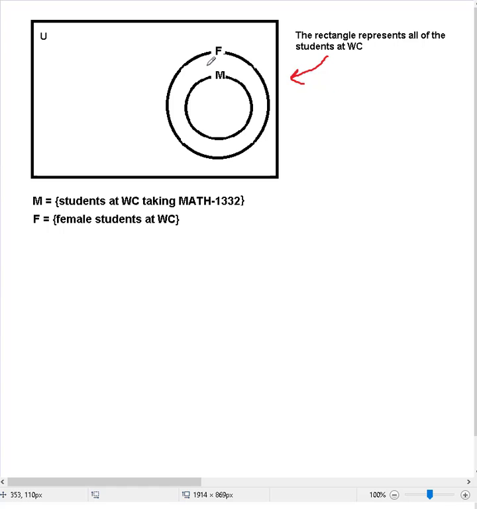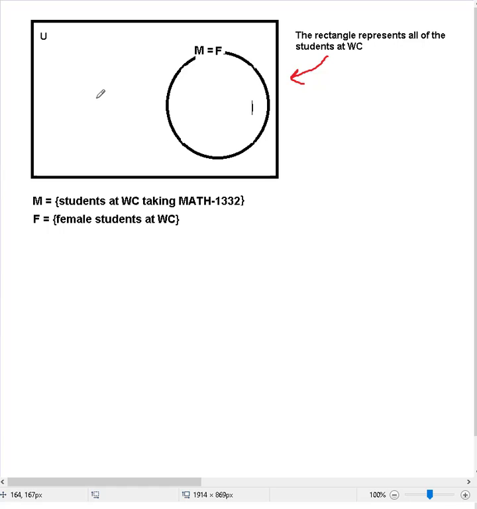Well, there's things out here in F that aren't inside of M. And don't forget, we would show that it's a proper subset by this sort of notation over here. Who would that leave out here in the universal set that's not inside of here? Only male students, none of whom are taking Math 1332. Again, think about it. Make sure you understand the relationships going on.